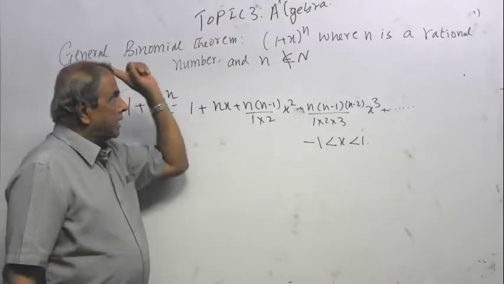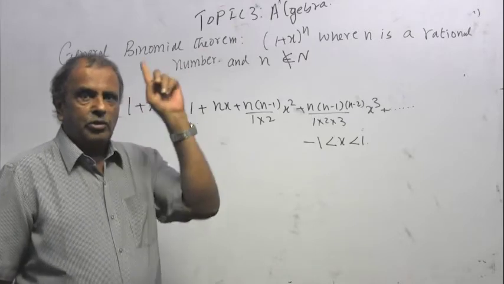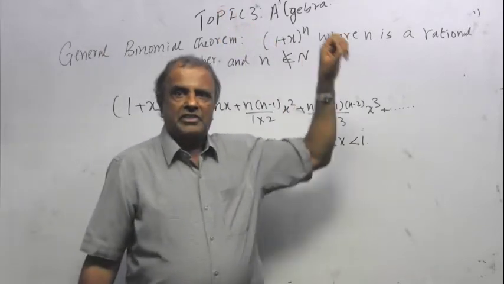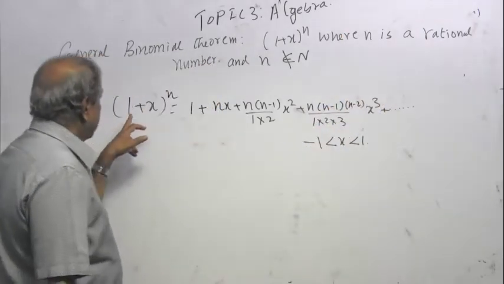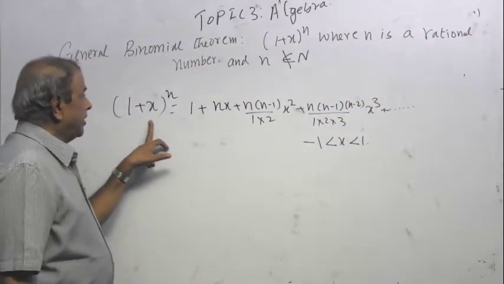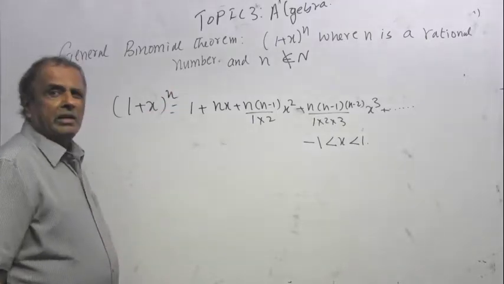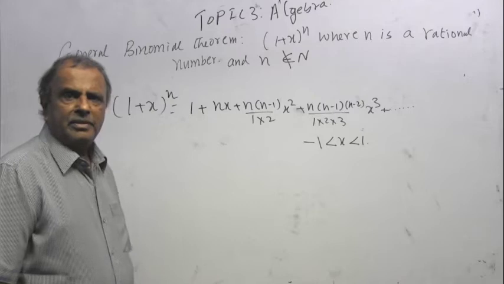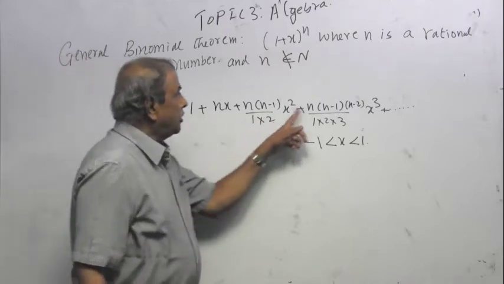Secondly, remember in the binomial expansion you did, the series would stop when you reach power n. In this expansion, your a is 1, your x is x. So you stop when you reach x power n. Suppose this is a power half. When are you going to reach x power half?